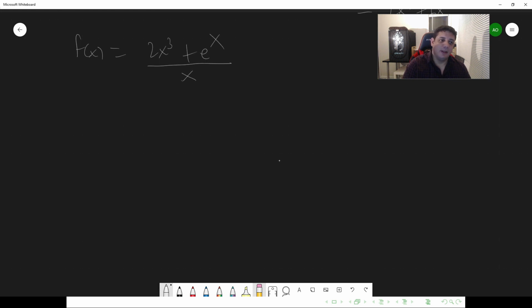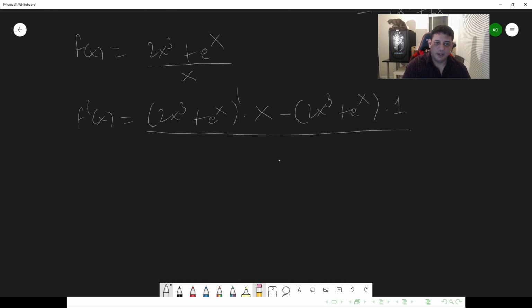Okay, so if we do that, then now this becomes a quotient rule, and f prime of x is going to be the derivative of this times the second one, without taking the derivative, the original function f, times the derivative of x, which is 1, divided by x squared. And so that's the first derivative.